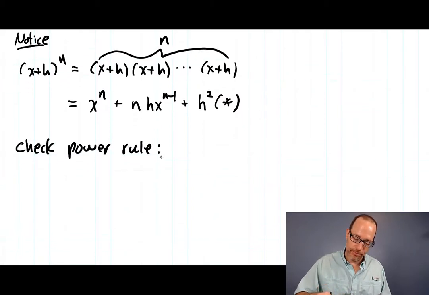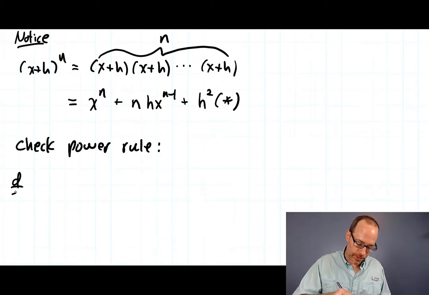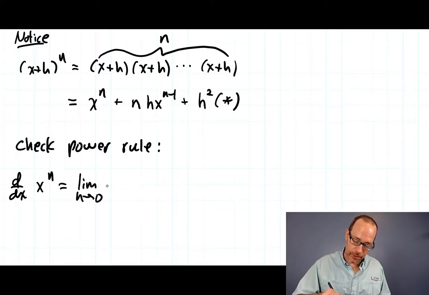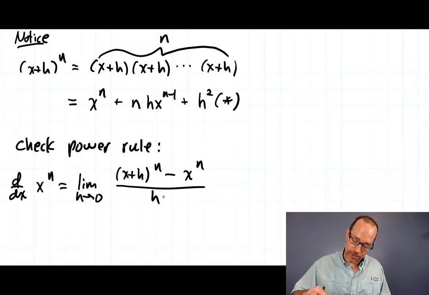So here we go. If we want to do the derivative of x to the n, well, this is the limit as h goes to 0 of (x plus h) to the n minus x to the n, all over h.